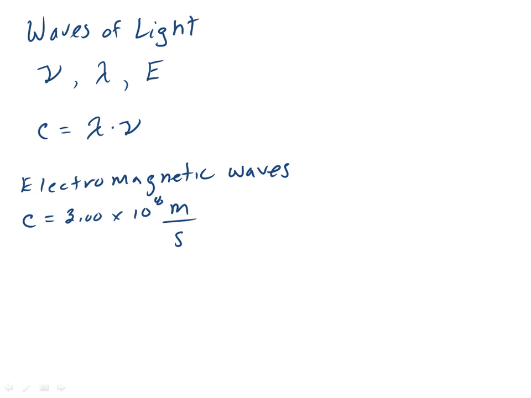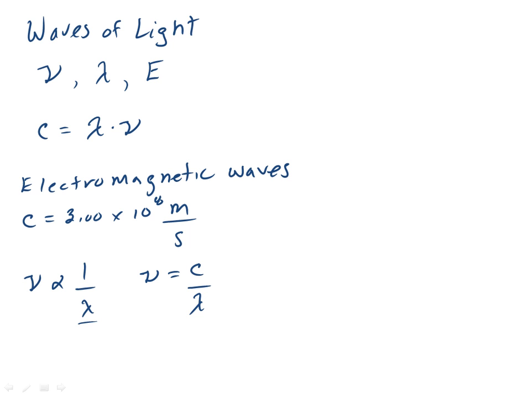So in the previous lesson, we saw that frequency is inversely proportional to wavelength. That is, as the wavelength gets smaller, the frequency gets higher. So when we take that relationship and apply it to our speed of wave equation, we get frequency is equal to the speed of the wave divided by the wavelength.